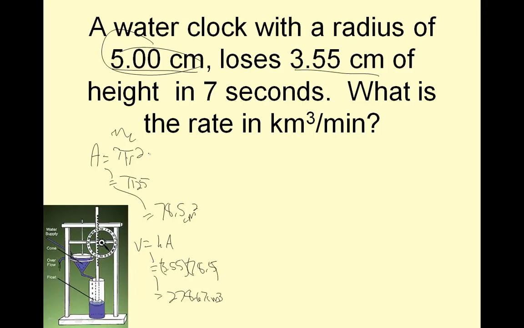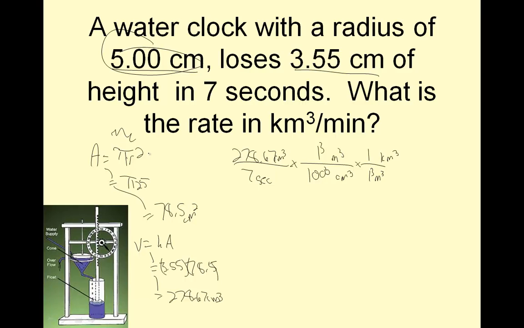So that means that I have 278.67 centimeters cubed over 7 seconds. Now notice how this didn't have to be a 1. Okay? So then what I'm going to do is get rid of my centimeters. 100 cubed centimeters cubed over 1 cubed meter cubed. And then 1 cubed meter cubed. Whoops, I did that wrong.